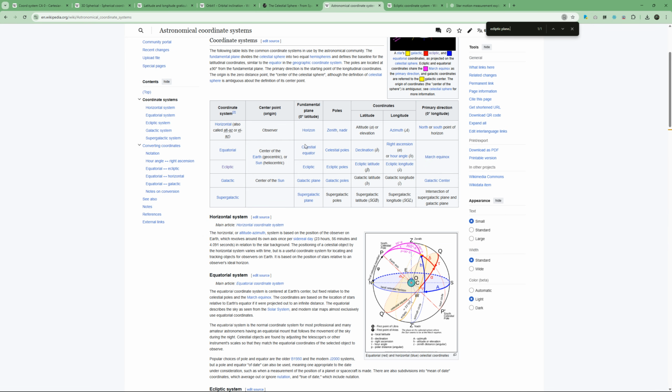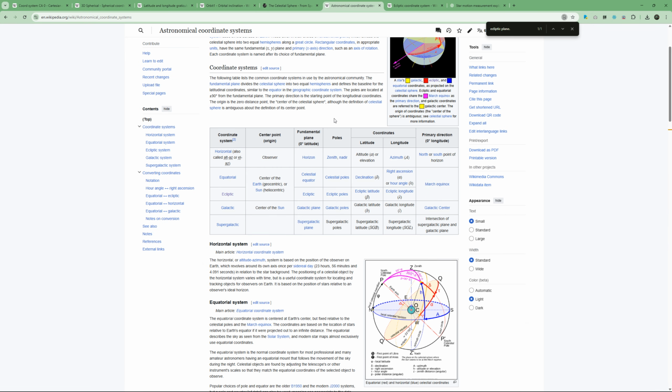Now we have quite a few coordinate systems that are interesting. The first one is called equatorial, because the term is very similar to equator, so that one is actually referring to our Earth, using Earth as a center and using Earth as the reference plane.